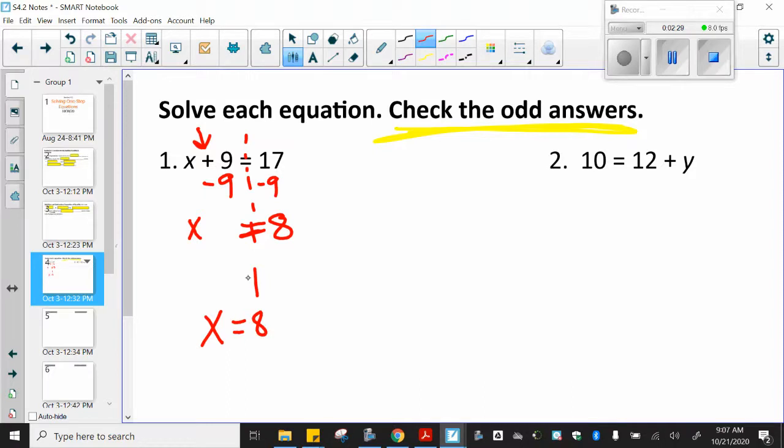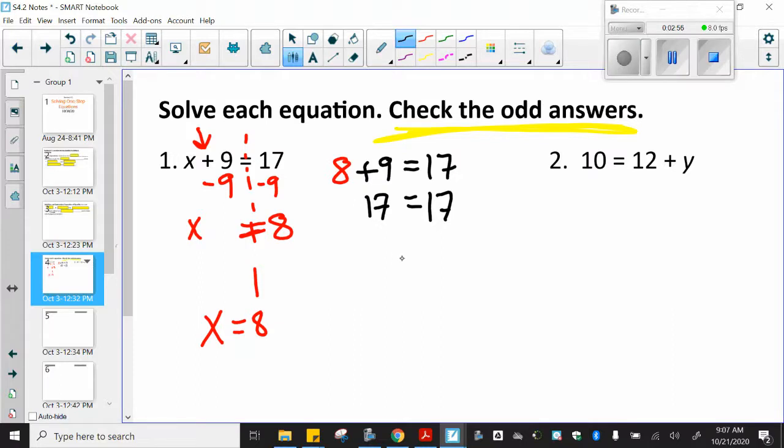All right, and then we're going to go back up here, and we're going to plug that in. I'm going to say 8 plus 9 equals 17. The side that's by itself, 17, stays 17, regardless of what else happens. We're going to go back to this side, and we're going to add 9 plus 8, which does in fact make 17.